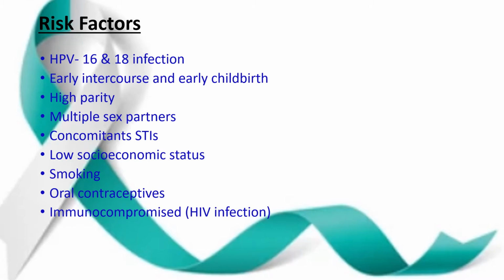HPV types 16 and 18 are a high risk for developing cervical cancer. The other factors are early intercourse and early childbirth, high parity, multiple sex partners, and concomitant STIs, that is, along with the HPV infection, they may be associated with other infections like chlamydia.